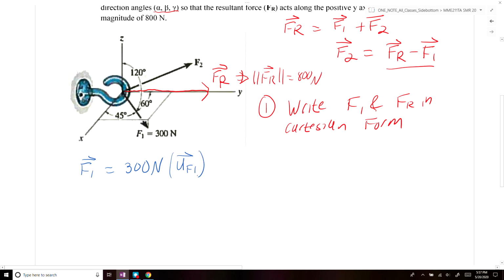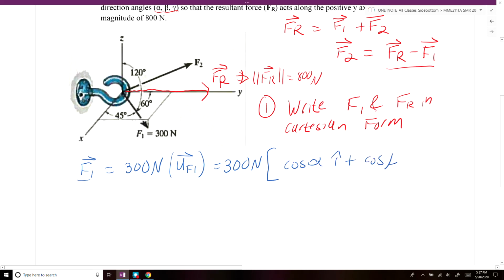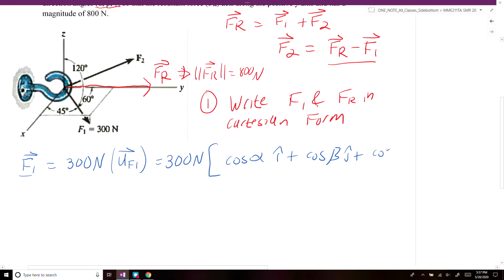That gives us force 1 as a Cartesian vector. So we can write this as 300 newtons times the cosine of alpha times the unit vector i, plus the cosine of beta times the unit vector j, plus the cosine of gamma times the unit vector k.